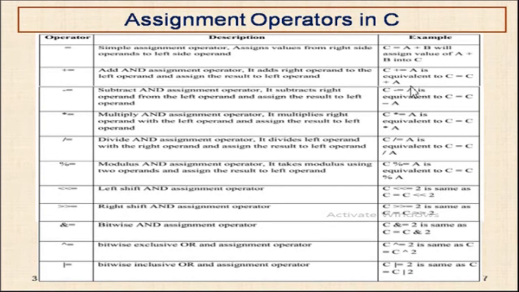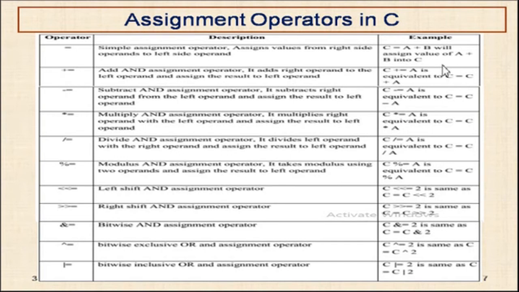Normally we will be writing C is equal to C plus A. This can be written as C plus equal to A. This is a shorthand operator. Similarly, we can use shorthand operators like this. You can see the example for those things. That is, the operator should be affixed in front of the equal to symbol.